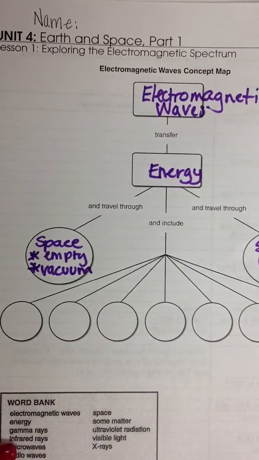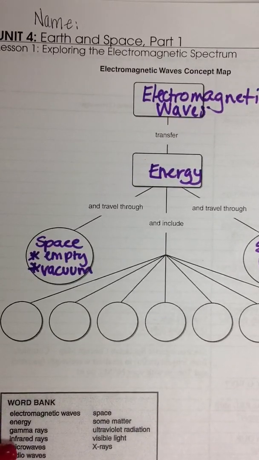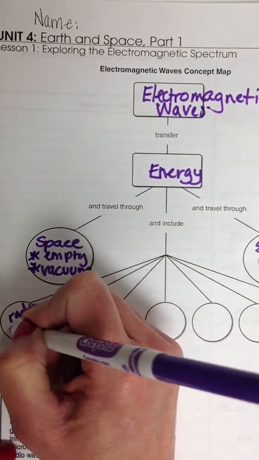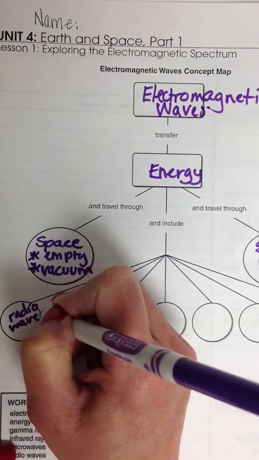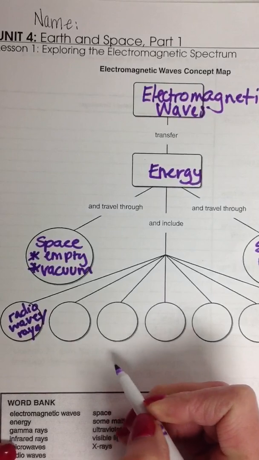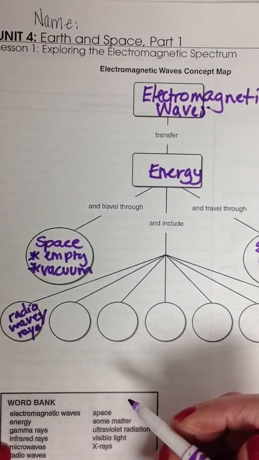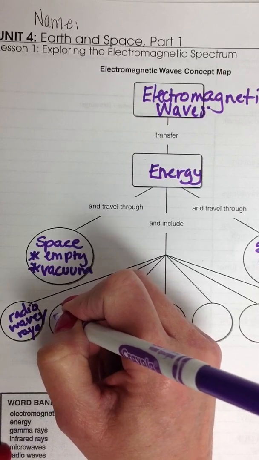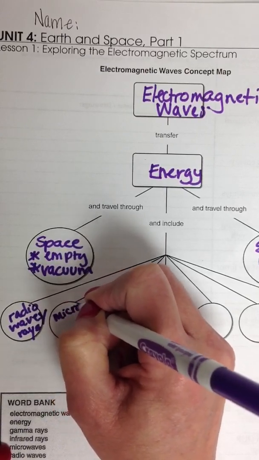So we're going to start with the longest wavelength and the least amount of energy, which is our radio waves. You could call it waves or rays. Either way, they're interchangeable, those two words. And so from radio, we go to the next one with a little bit more energy. That is the microwave.